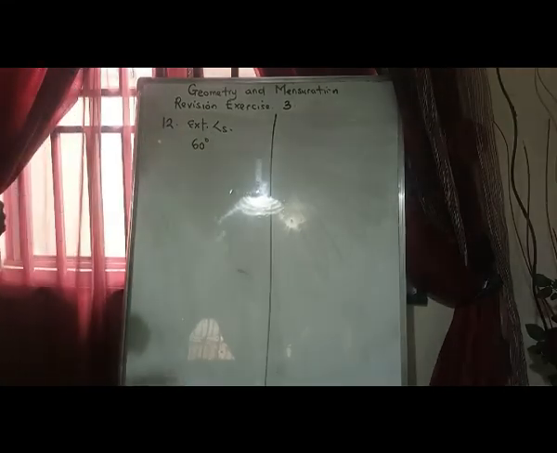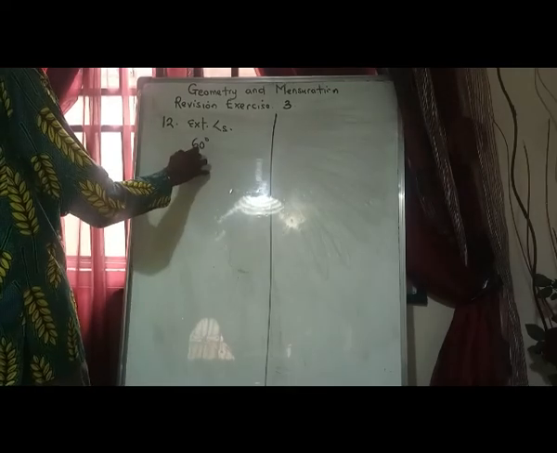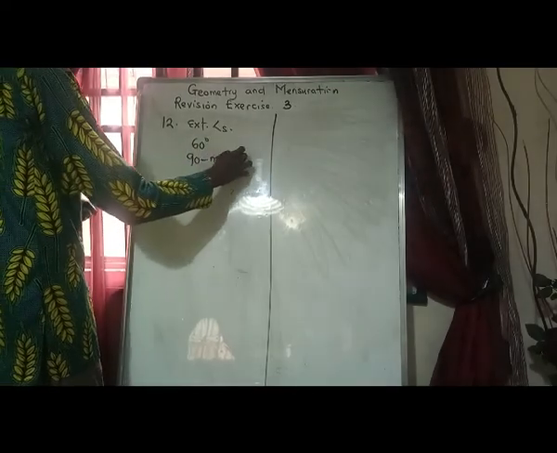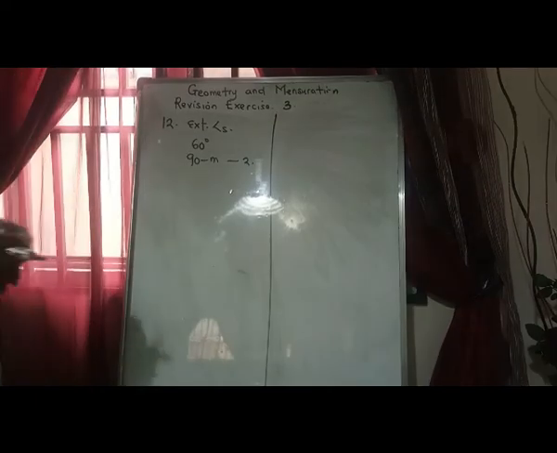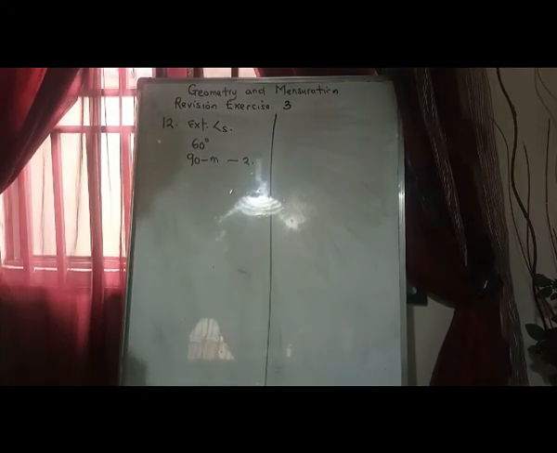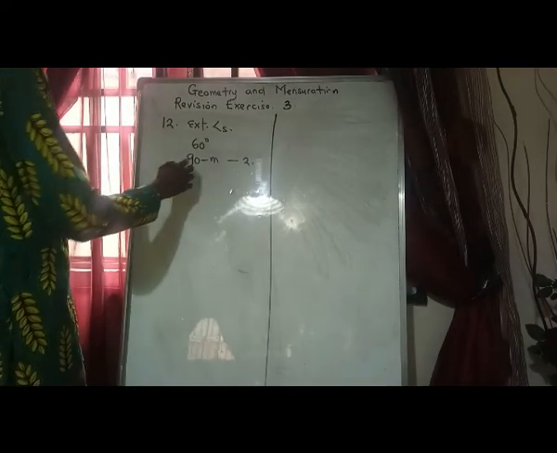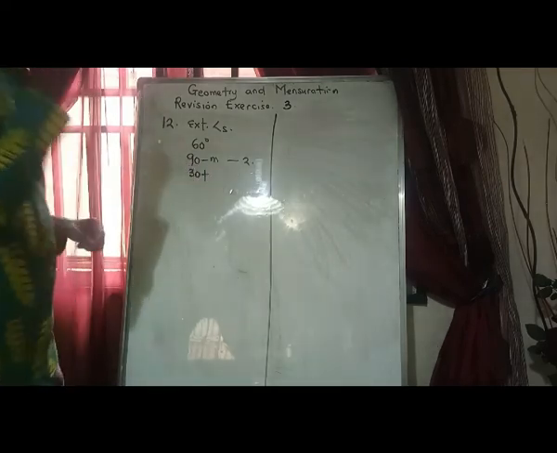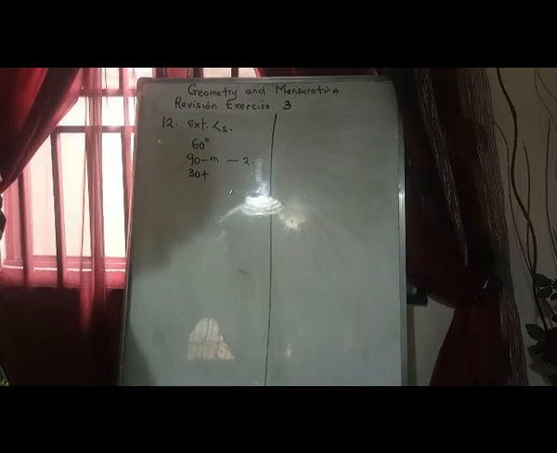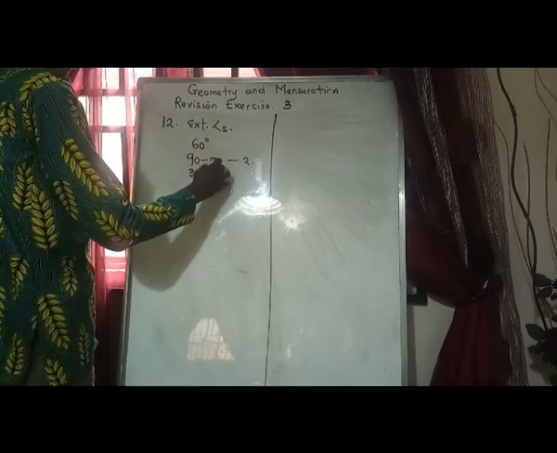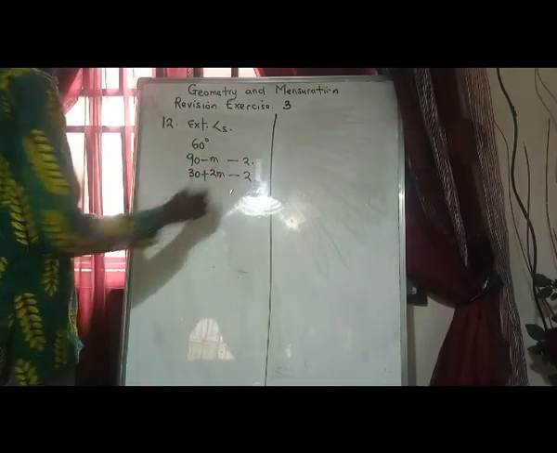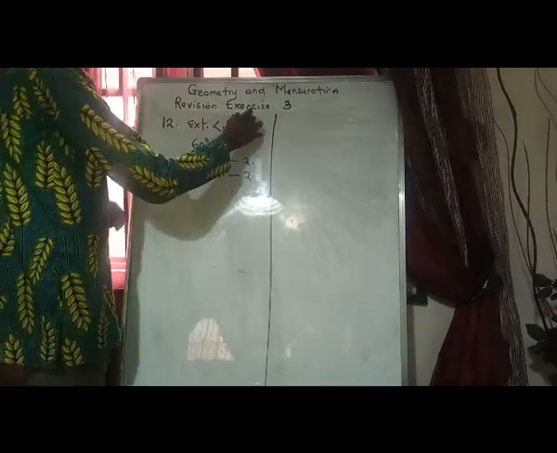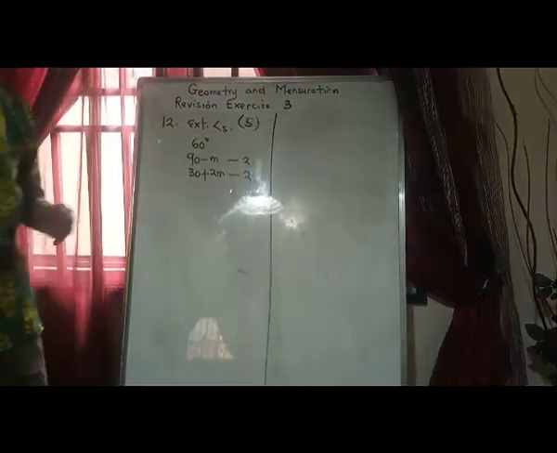Then he said 2 others are what? 90 minus m. So I'll just indicate that there are 2 of them. Then I'm told that the remaining ones are what? 30 plus 2m. Remaining means 2 also, because for a pentagon we expect to have what? 5 sides.